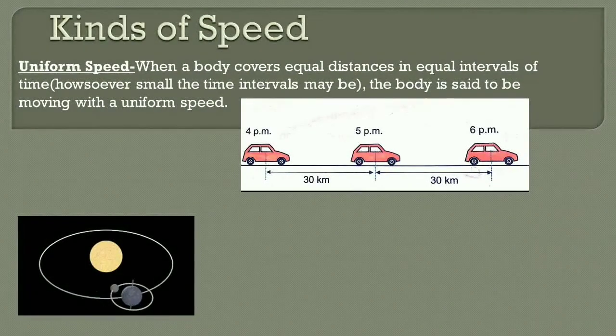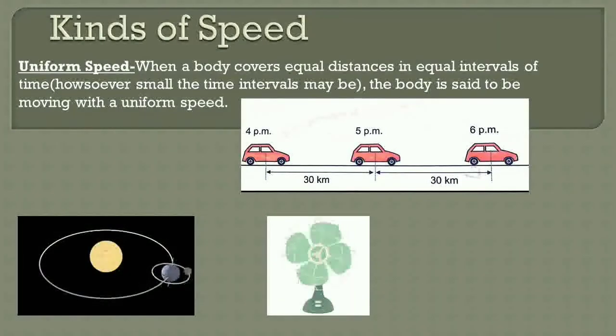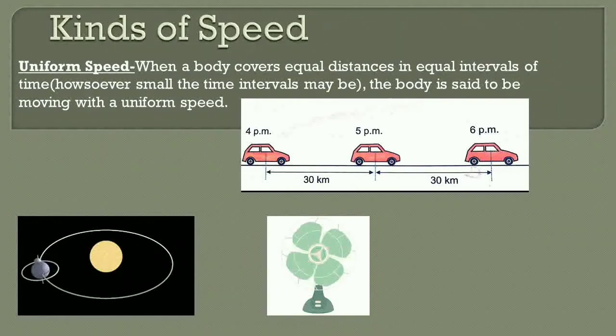Our next example can be the table fan. This is also circular motion, but the blades of the table fan move with uniform speed because they cover equal distances in equal intervals of time. They are not changing their speed.